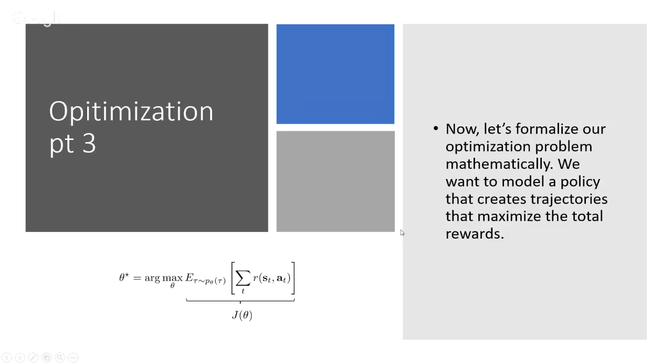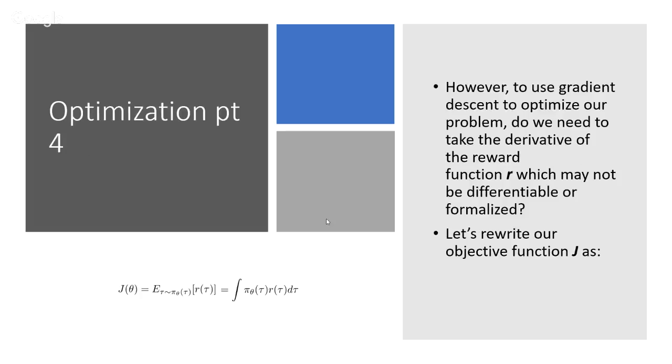Now, let's formalize our optimization problem mathematically. We want to model a policy that creates trajectories that maximize the total rewards. However, to use gradient descent to optimize our problem, we need to take the derivative of the reward function, r, which may not be differentiable or formalized.